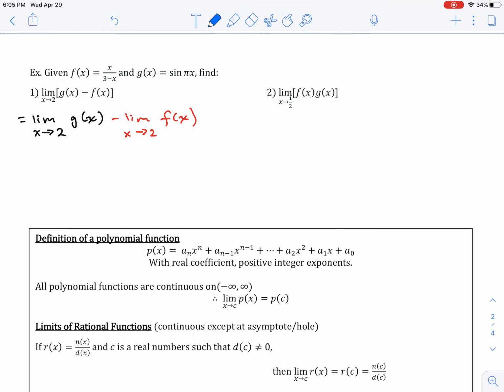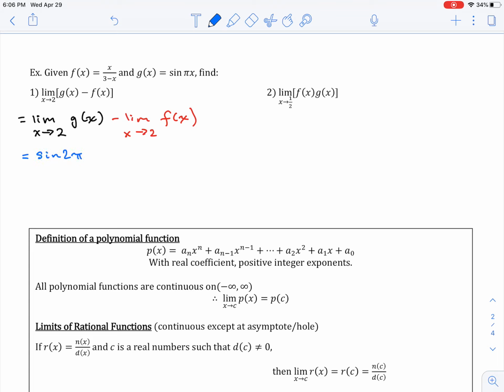Well, because quite simply, sometimes it's easier just to work with the limits than it is to work with the functions themselves. So looking at this here, what is the limit of g of x as x approaches 2? Well, sine of pi times x is a continuous function, so I can do direct substitution. So this is simply equal to sine of 2 pi.